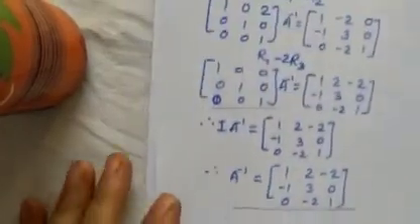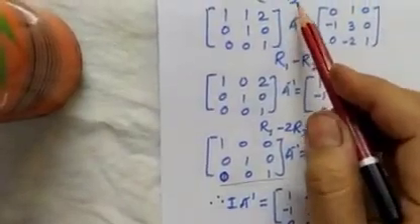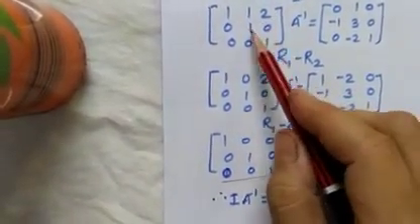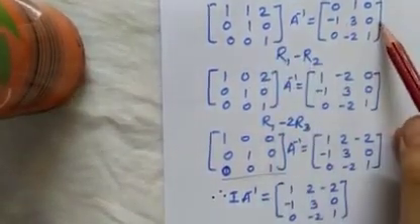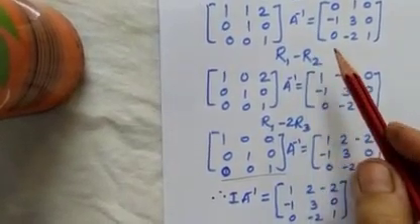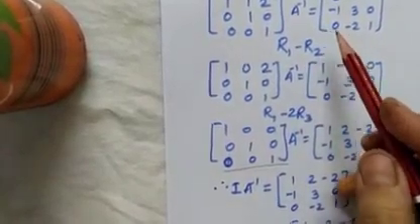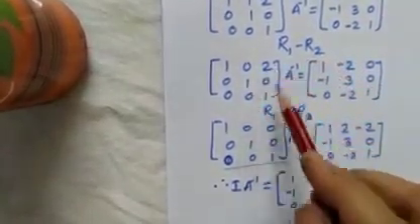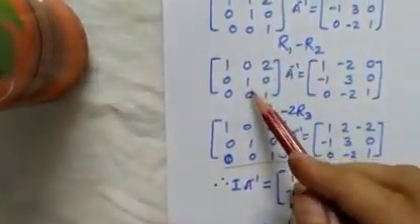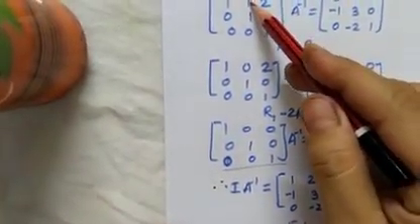Now the next step: R2 should be multiplied by minus 1 so that after performing the operation we get 1 here, and the same operation is performed on the RHS. Now R1 minus R2 is done here. 1 minus 1 will become 0 in this position.